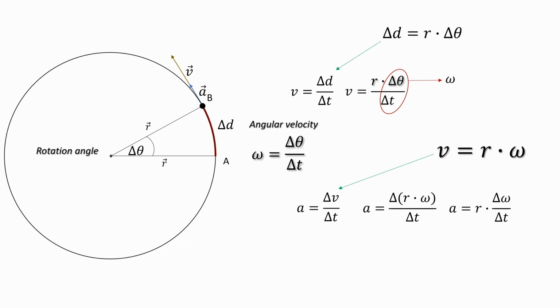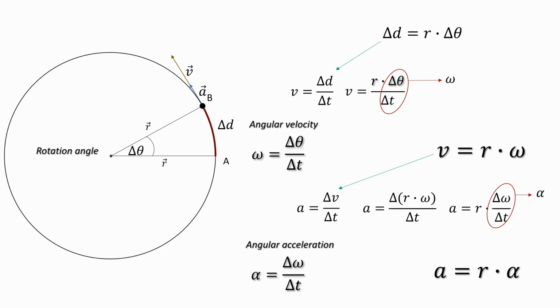The portion of this equation, delta omega over delta t, can be represented as alpha, angular acceleration, which indicates the rate of change of angular velocity. Consequently, tangential acceleration a can be expressed as the product of the circle's radius r and angular acceleration alpha.